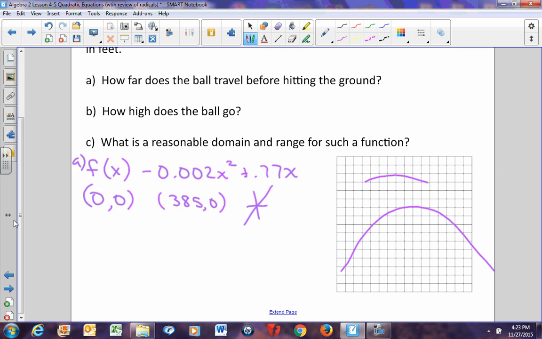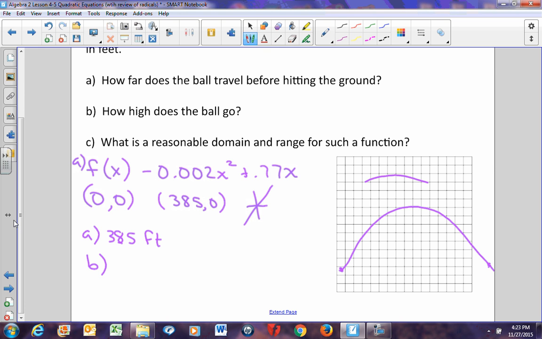So basically, I now can figure out a few things. If it started at 0, 0, and ended at 385, that means the ball traveled 385 feet. So A, the ball traveled 385 feet. Part B asks, how high did my ball go?